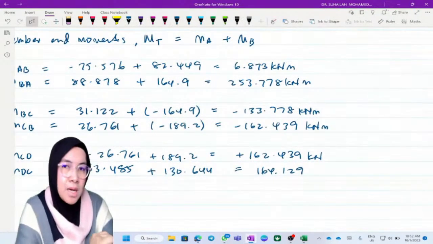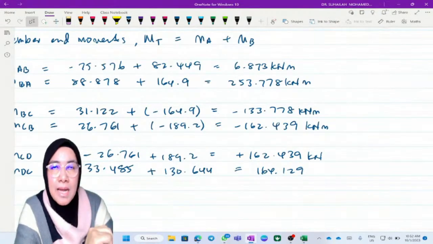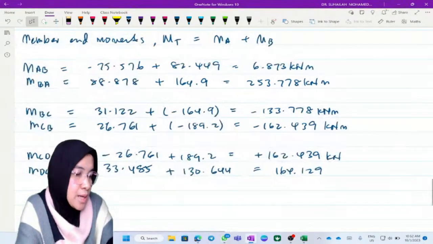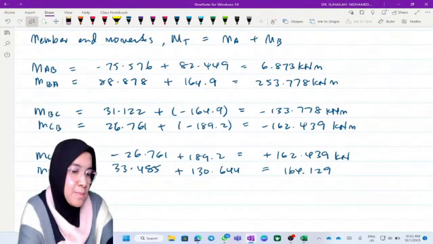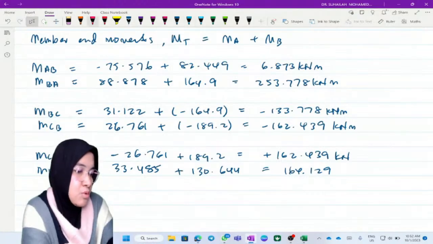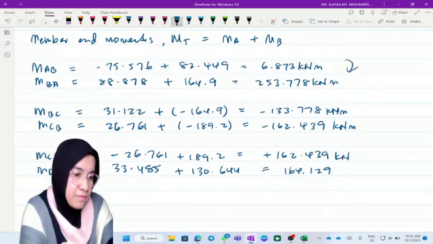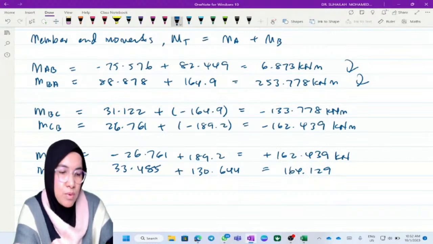So let's sketch the moment sign, moment direction. MAB is positive, MBA is also positive. Both are positive.